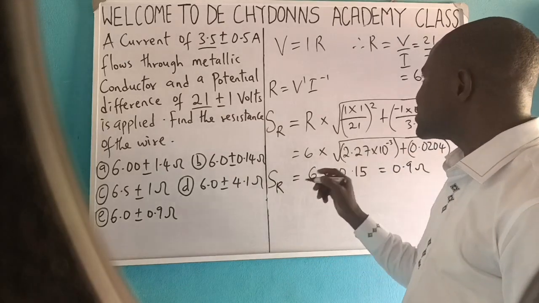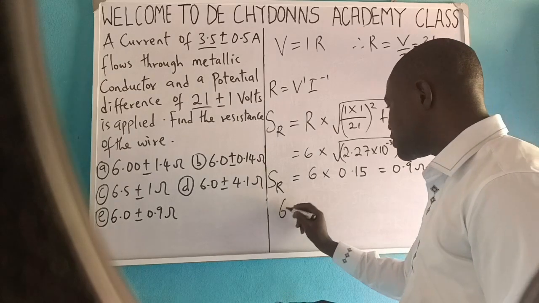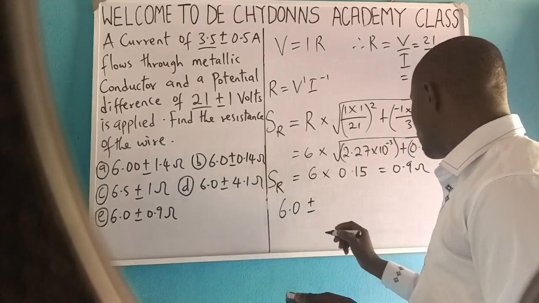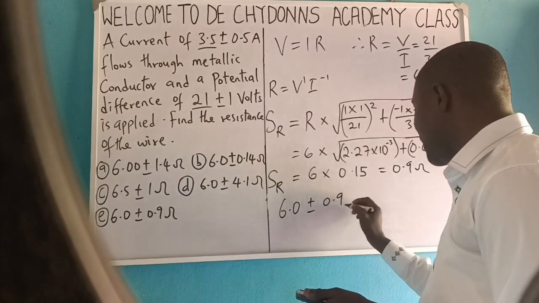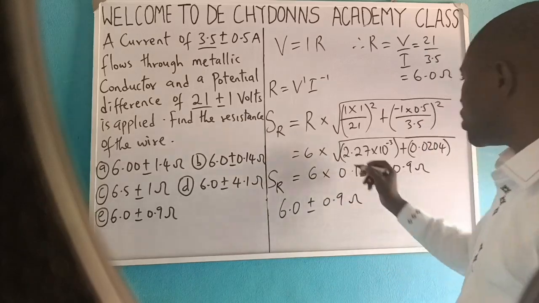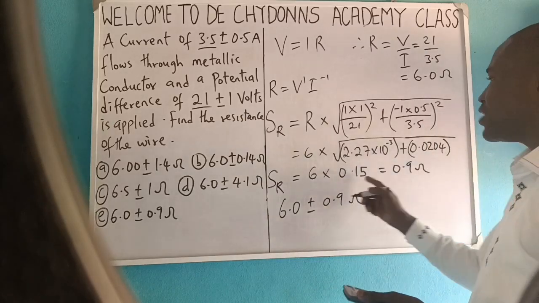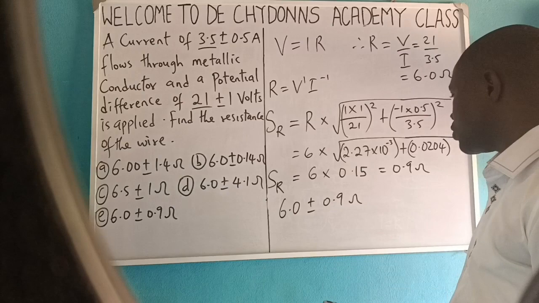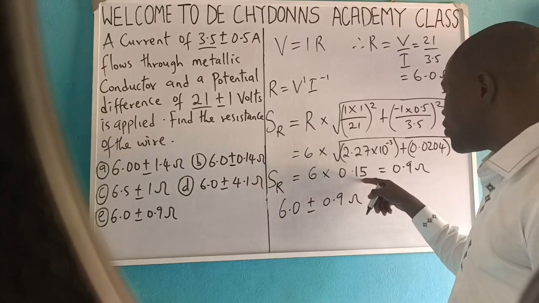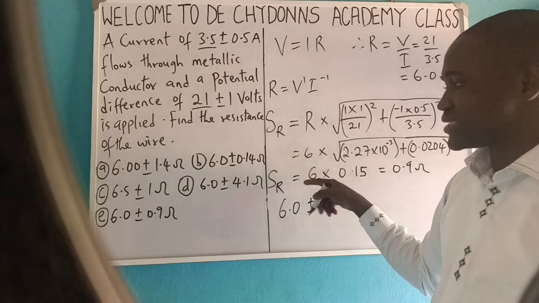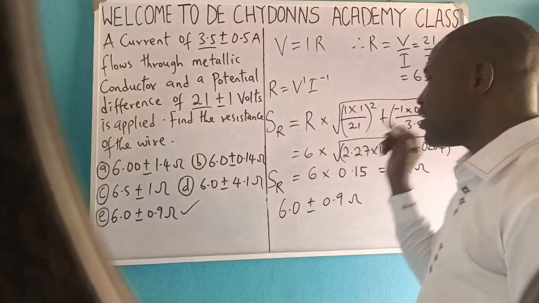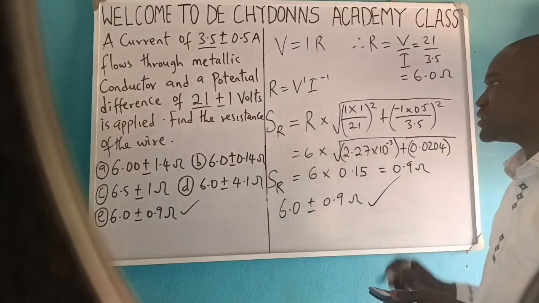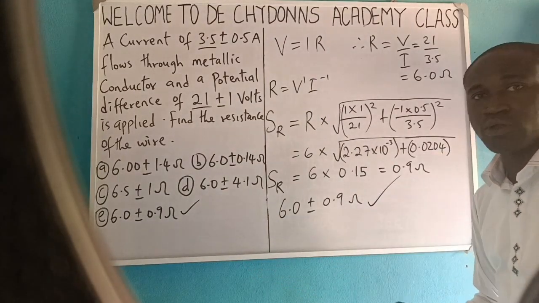Therefore, our resistance is 6.0 plus or minus 0.9 ohms. Please don't just do this and just say option B. No. Use the answer you got and multiply it by 6 so that you get your final answer. That is correct. We'll go to the next question.